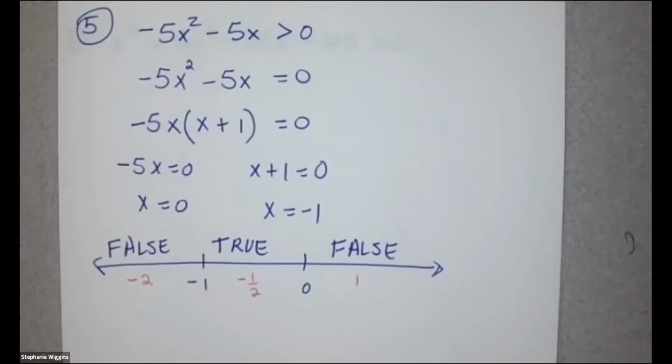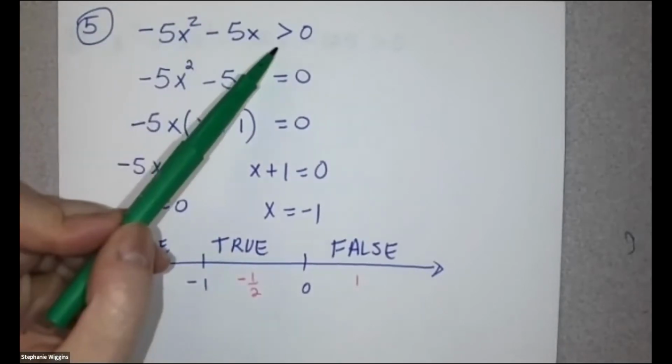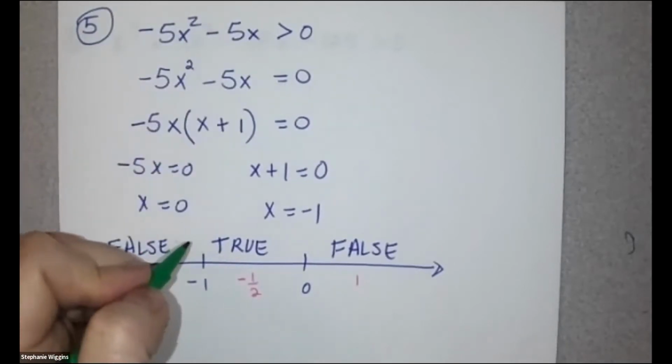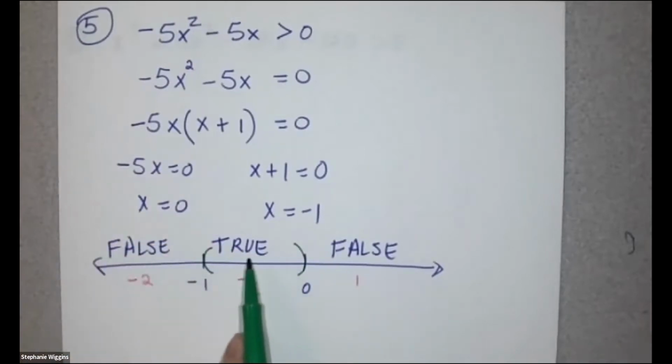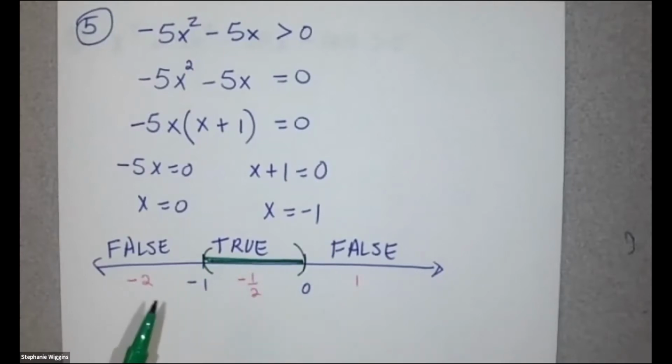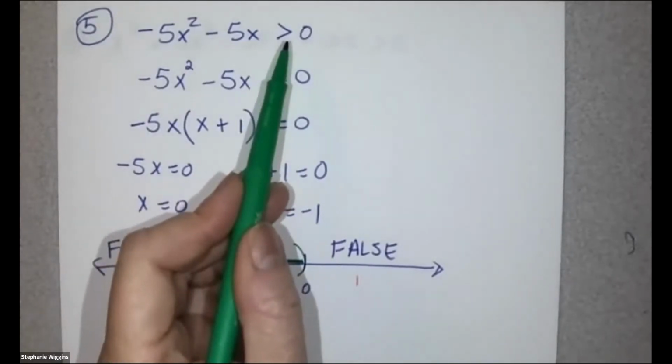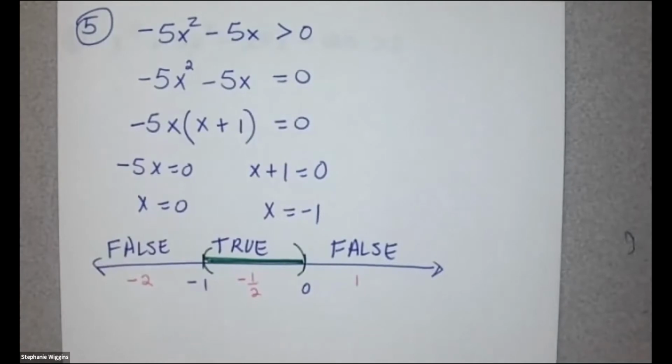So because this is a strict inequality, I'm not going to include the endpoints. And this is the true region, so I'm going to shade in the true part, not including -1 and 0, because the function is equal to 0 at those 2 points. And I'm just interested, when is it greater than 0? Strictly greater than.